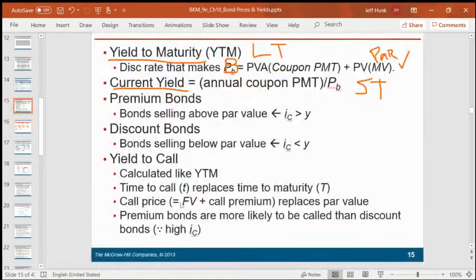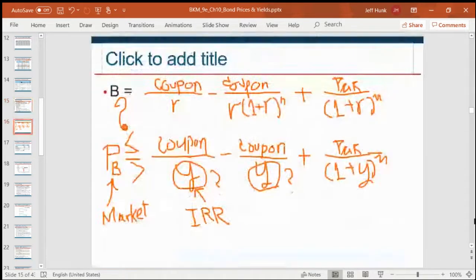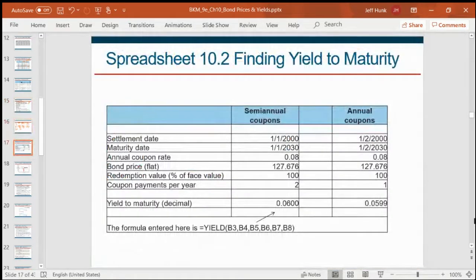All righty. So that brings us to what I already explained: what makes a bond a premium bond, what makes a discount bond. Yield to call is just yield to maturity in the case of call bonds, right? I'm not going to go over the callable bond again, we did this exercise already.